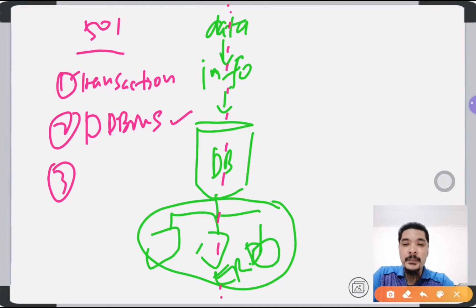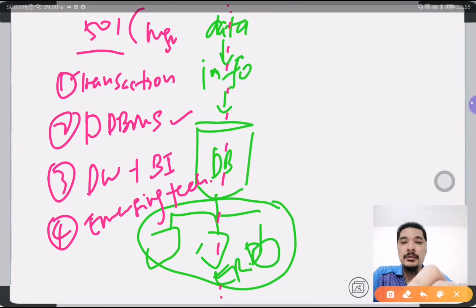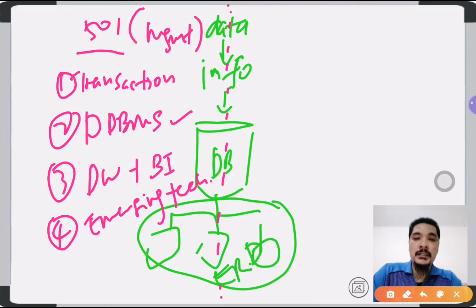Number 3, data warehouse plus BI, business intelligence, and number 4, emerging techs. Again, I repeat, the new topics for 501, on this side, are considered management topics for how to manage the database.